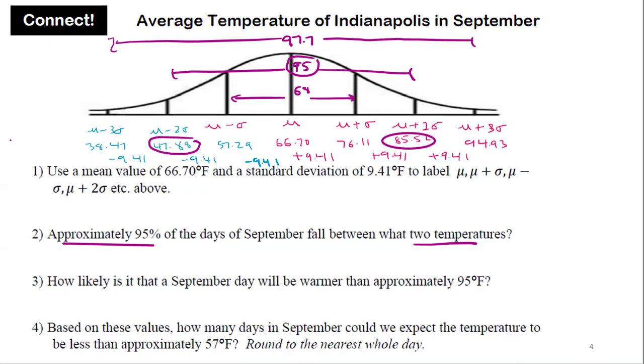So I just write down between 47.88 and 85.52.